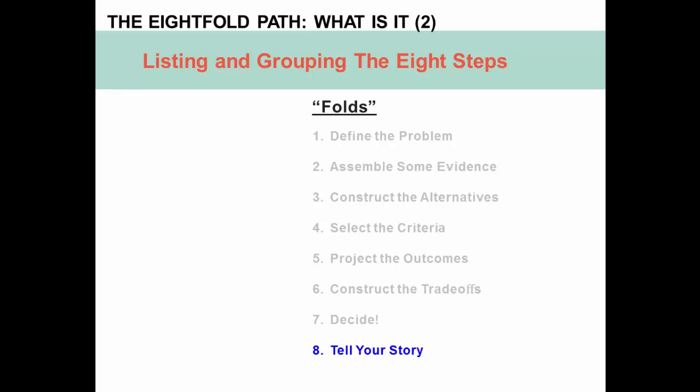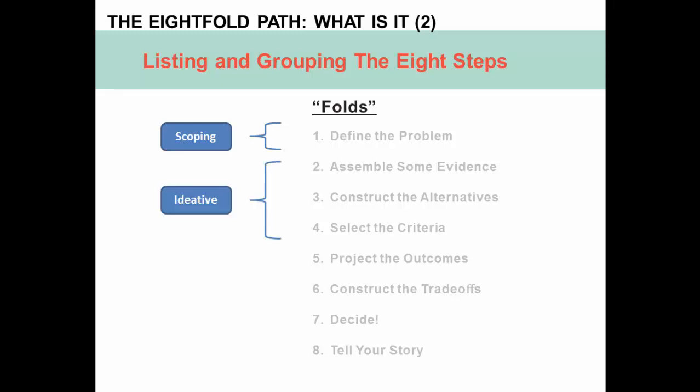At the top, when we define the problem, we're engaged in a process of scoping our work. What will be inside of our analysis within a specific problem we've chosen and defined, and what will lie outside of that analysis for another day. The next 3 steps we might group in a process called ideative work.